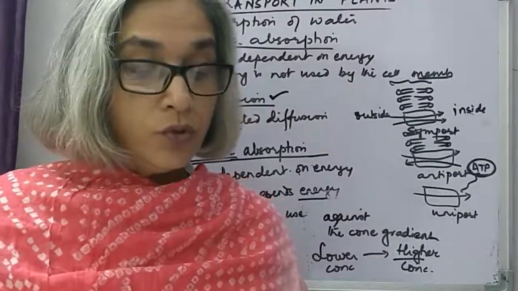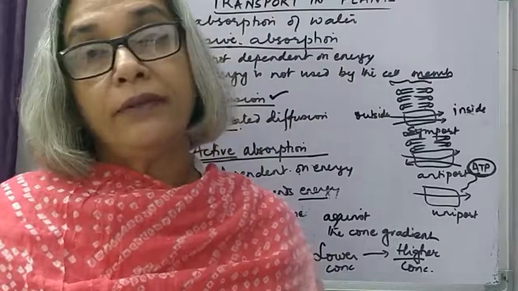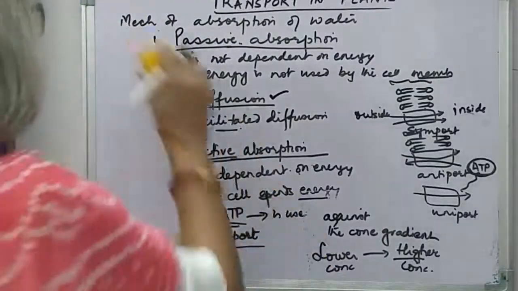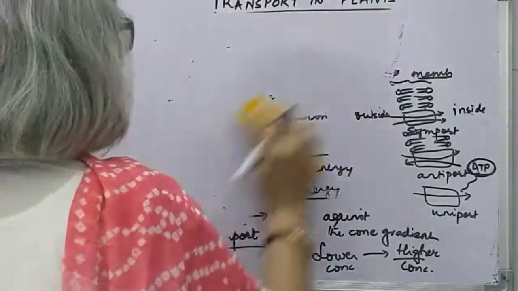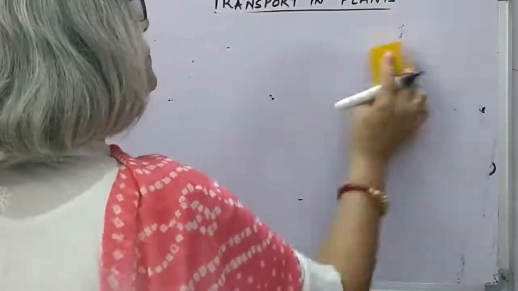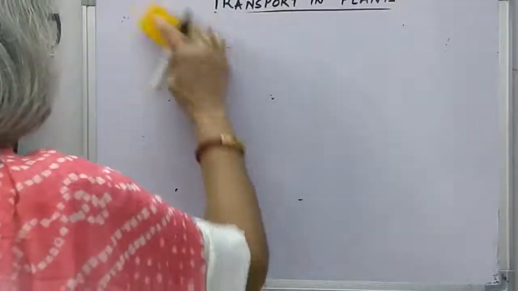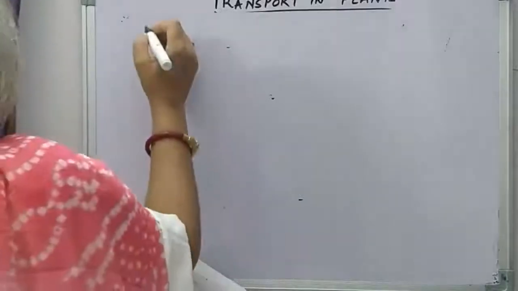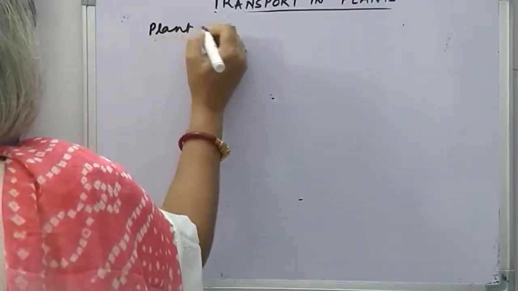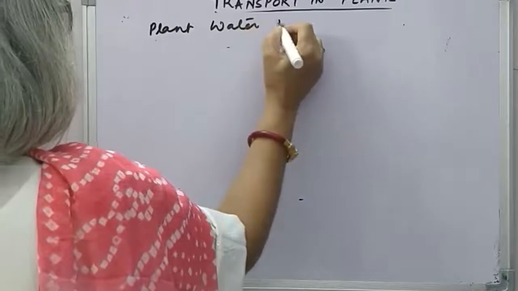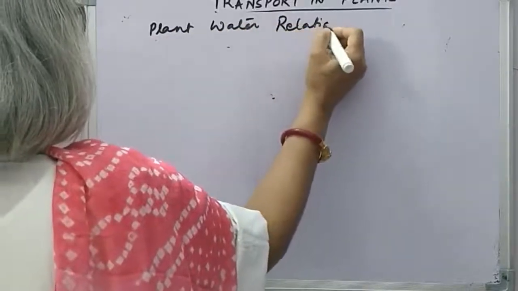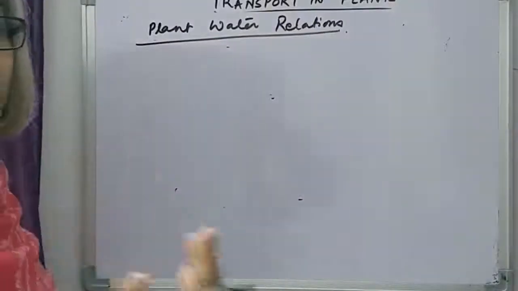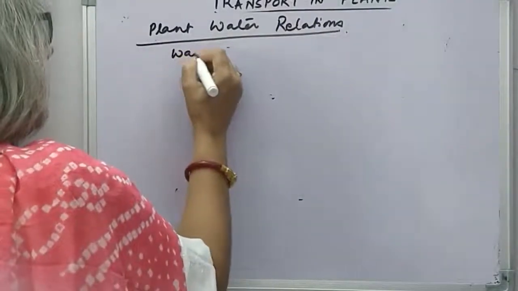Now we come to the next topic, that is plant-water relations. We are going to talk about plant-water relations. Now, when we talk of plant-water relations, basically there are 5 main processes that are involved in the movement of water within the plant.